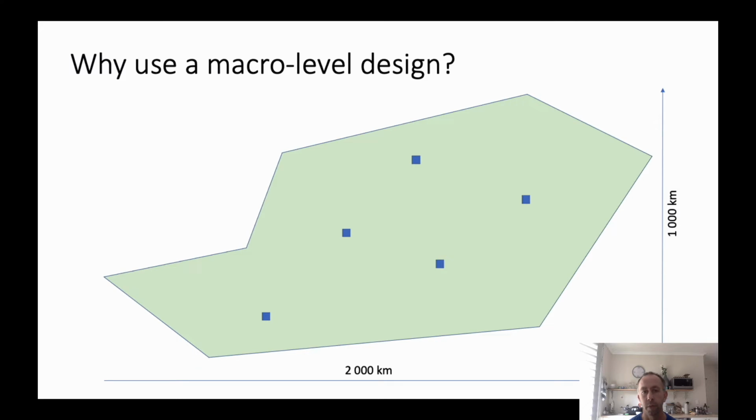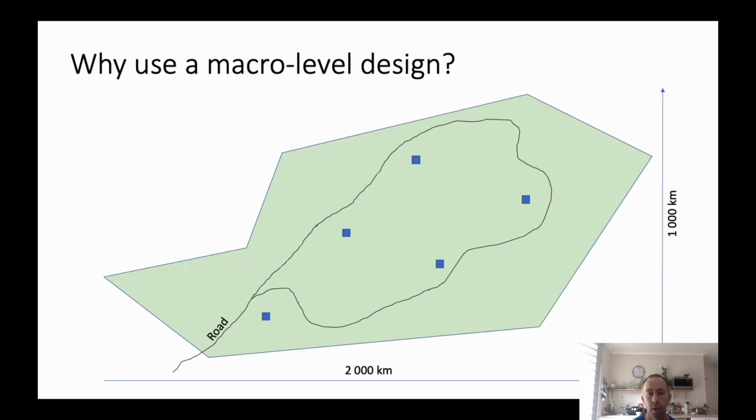And again, we know from previous videos that if we're going to do design-based inference, we need to be very careful that the sites that we select in a survey area are representative of that broader region. So for example, if I've chosen those 5 sites, not by any randomization, but just because I think that they look representative, someone might come along and say, hang on, there's a road that passes close to all of these survey sites.